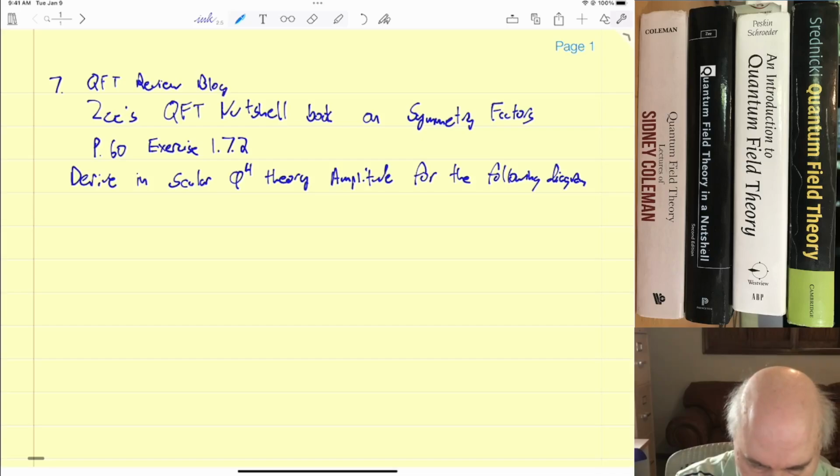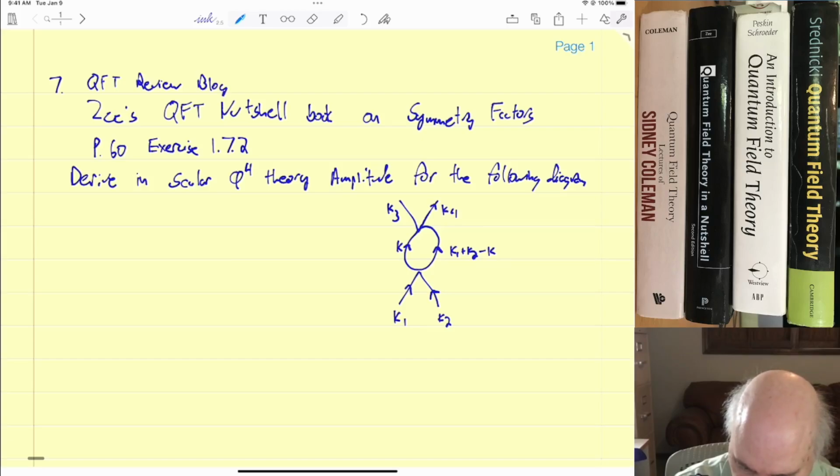The diagram has two particles coming in with momentum k1 and k2, and going out with k3 and k4. This is the momentum space diagram.